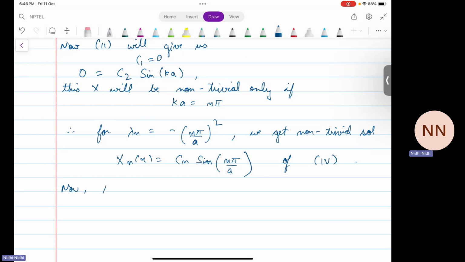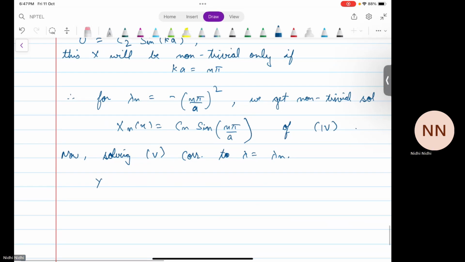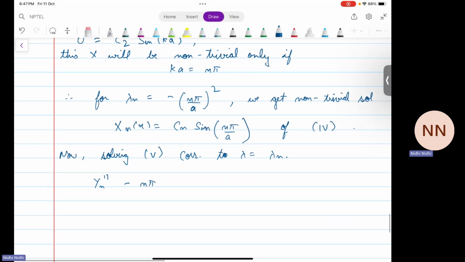Now solving equation 5th corresponding to lambda equals lambda n, we have Y_n double dash plus lambda n, that means minus n pi by a whole square, Y_n equals 0.